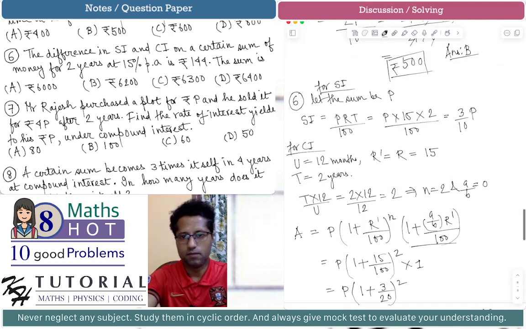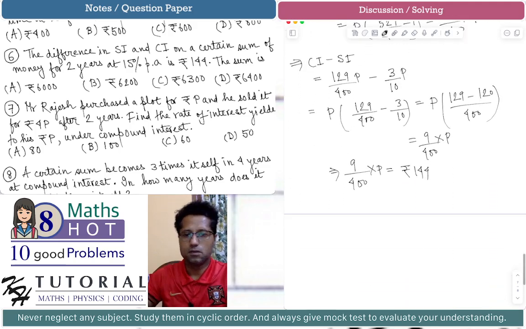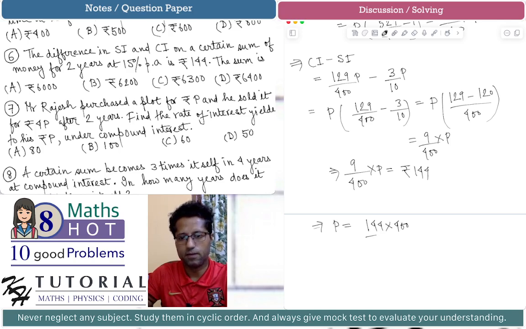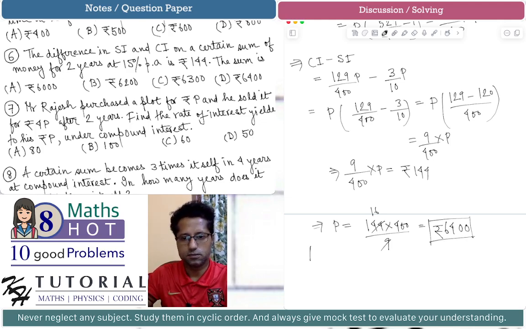So P is equal to 144 multiplied by 400 divided by 9. 9 will divide 144 with 16, and this is equal to 6400. So the sum is 6400, and hence the correct choice is D. D is the correct choice.